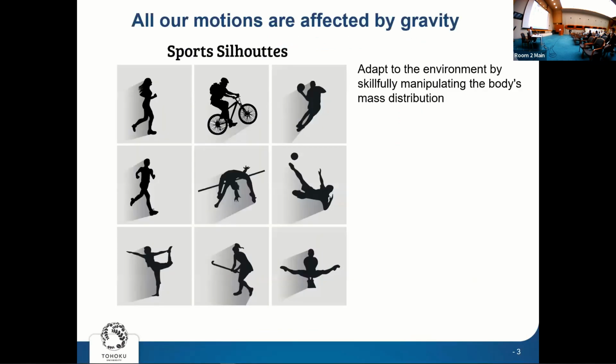This is an example of silhouettes of the human body in many motor tasks, like the Olympic games. The remarkable issue is that with the same body, we can manipulate our body to do different tasks. Maybe one robot can do one or two tasks, but it's impossible to have one robot do this type of multiple different motor control.